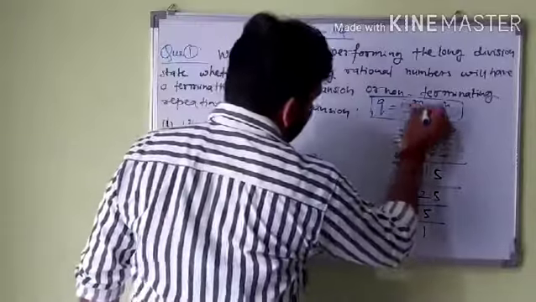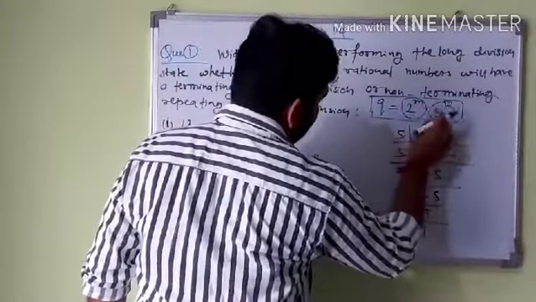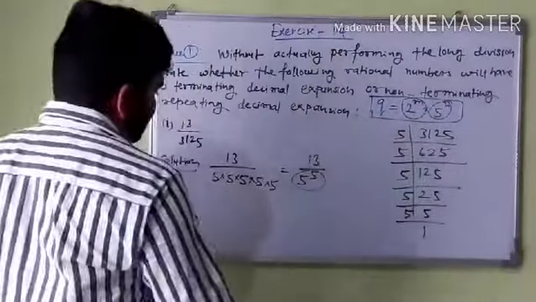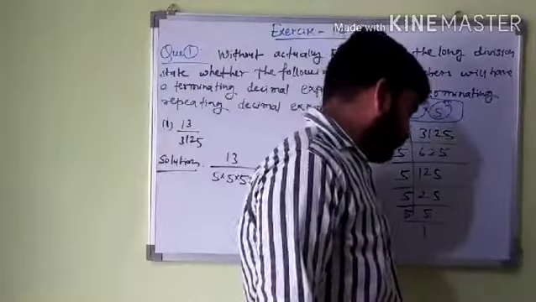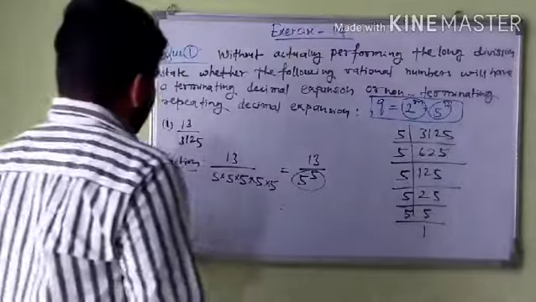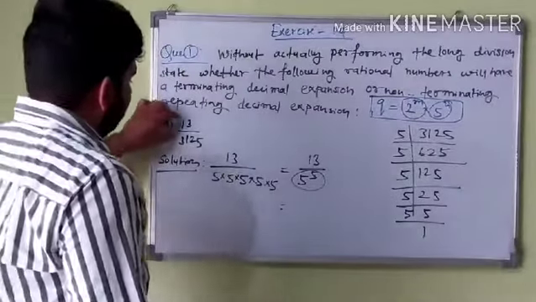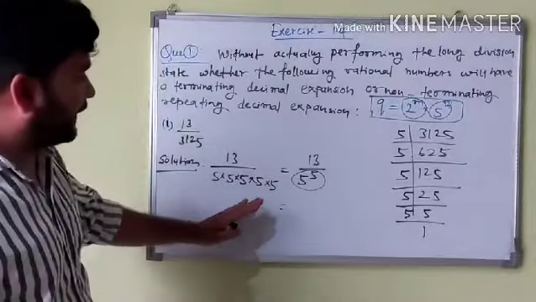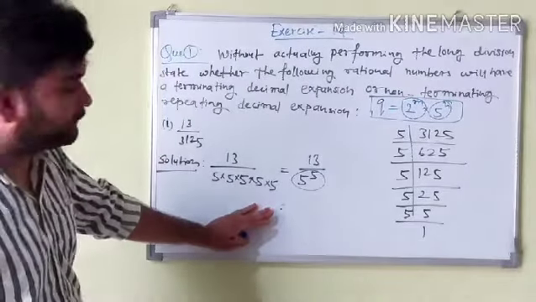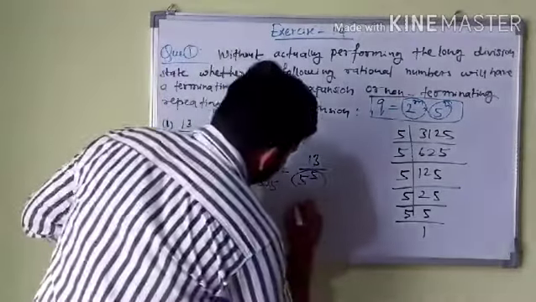If either one of the two is present, or both, we can say the same. In this question, in this form of p by q, 13 by 3125 has a terminating decimal expansion.